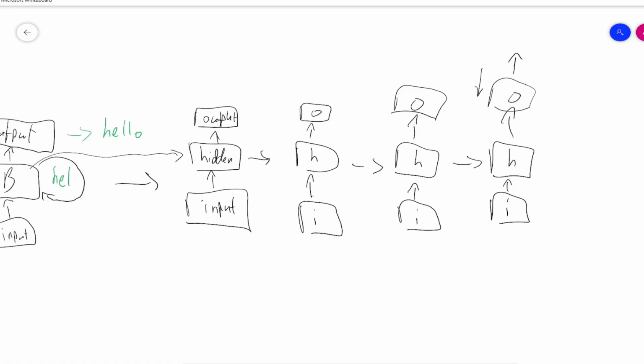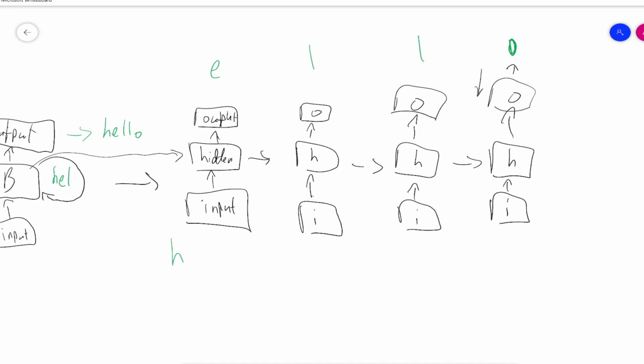So now, because we have our output, which is the word hello, essentially, or actually we have ELLO, because H is what we're starting with.